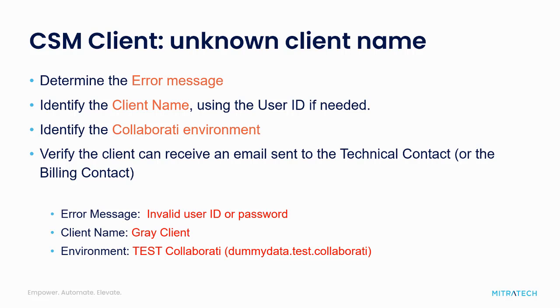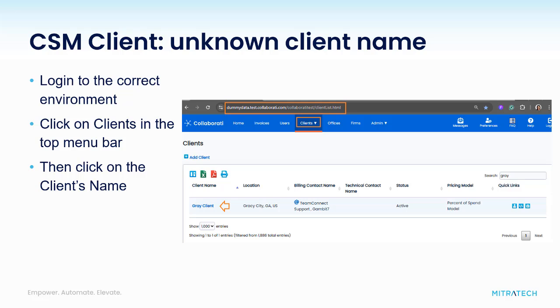Now we know the error message, invalid user ID, the client name is Gray Client, and the environment is Test Collaborati, dummydata.testcollaborati. We still have yet to verify if the client can receive an email sent to the technical contact.